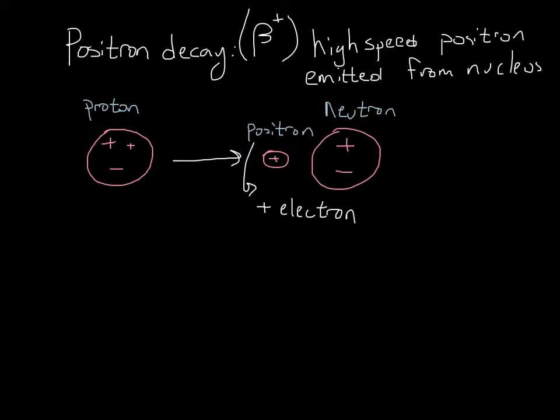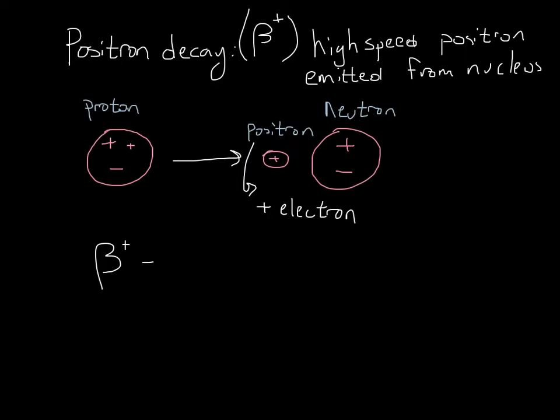The result of positron decay is going to be the loss of a proton and the gain of a neutron. So overall, the mass will not change because the number of nucleons does not change. It's a zero-sum game. But we are losing a positive charge, so we are going to lose one atomic number. The different ways we can symbolize a positron are the B with the positive.